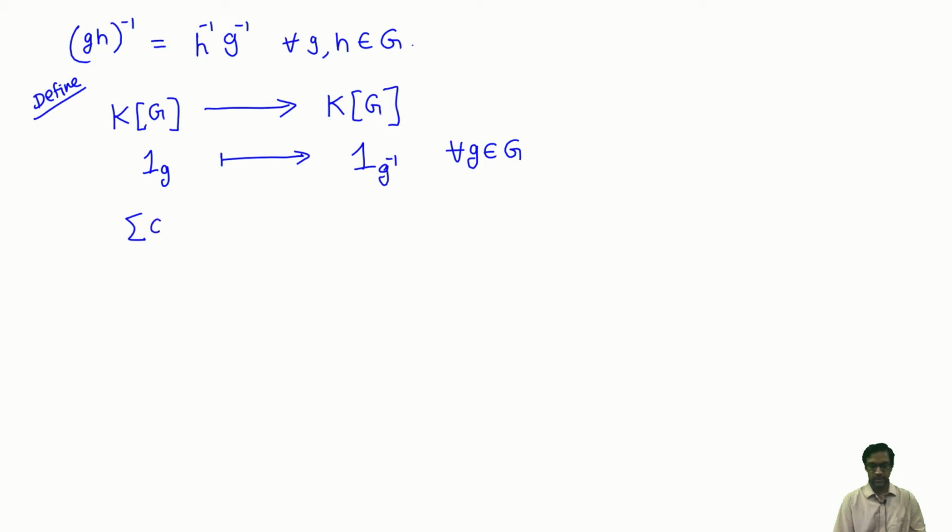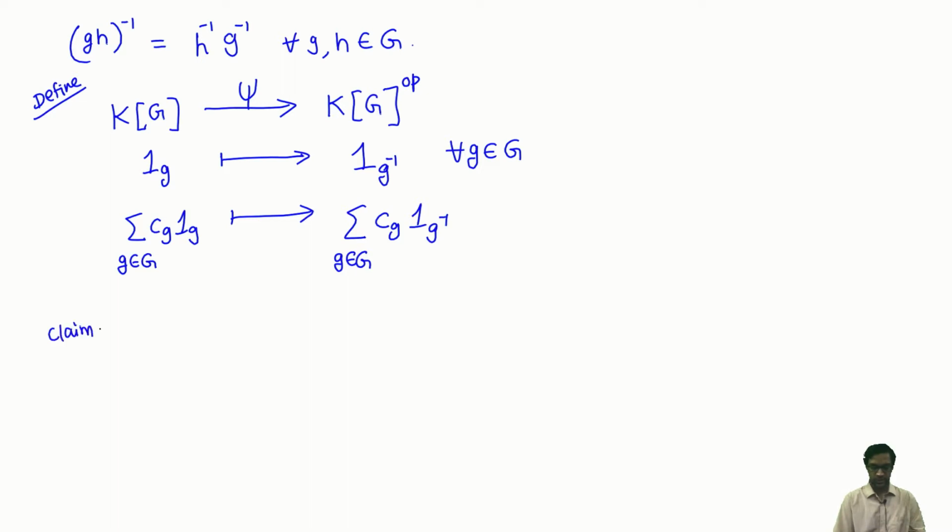So summation Cg1g, therefore what I mean is that the map takes this to summation Cg1g inverse for all g ranging over the group G. Okay, now the claim is that this map is an isomorphism between Kg and Kg opposite. Sorry, so what's on the other side is I'm thinking of it as the ring Kg op. And I claim is that this map psi is an isomorphism.